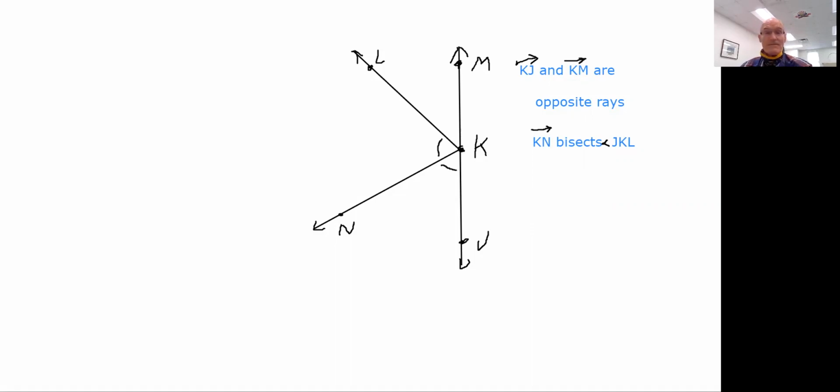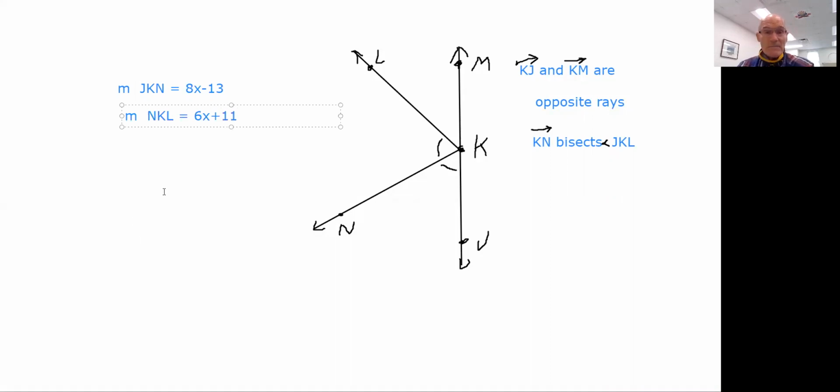Now, so if I come over here, the problem we have, okay, we're going to talk about the measure of angle JKN is equal to 8x minus 13, and the measure of angle NKL is equal to 6x plus 11.